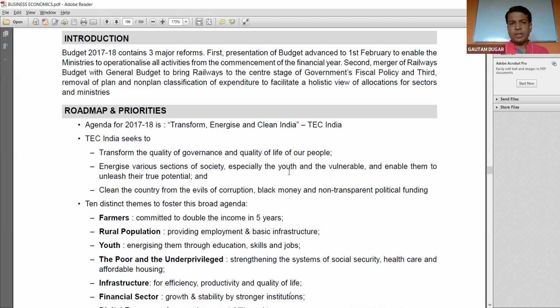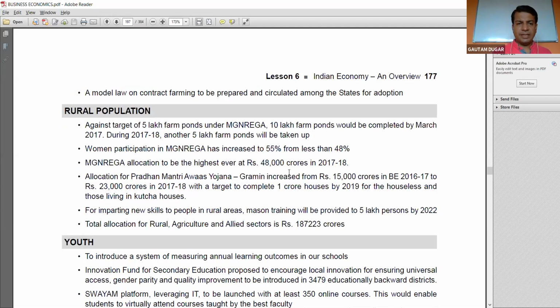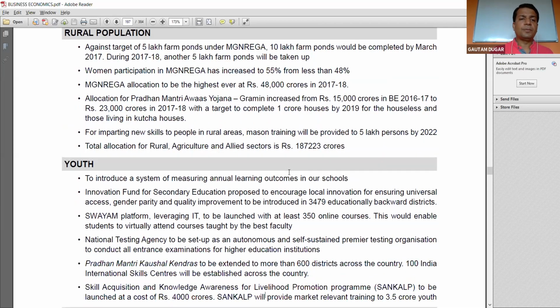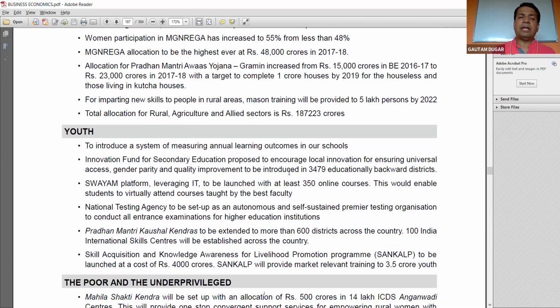You just need to know a few things, like this portion on what is MGNREGA, right? For the development of the youth, the government has started the National Skills Development Corporation for providing training to young people.